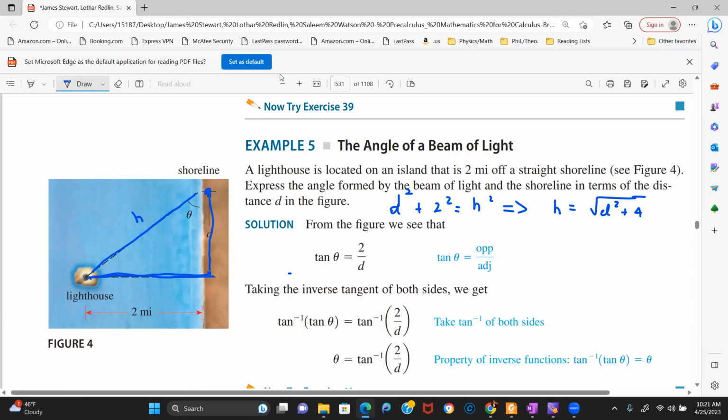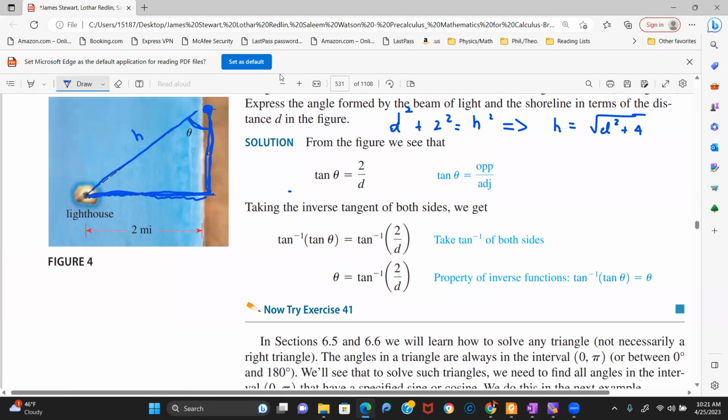According to the problem, we want to fix this reference frame. According to this reference frame, this side right here is the opposite side, and this is the adjacent side. So tangent of theta, this theta right here, is going to be 2 divided by d. Then you can just apply tan inverse to both sides and cancel out, and get theta in terms of d.